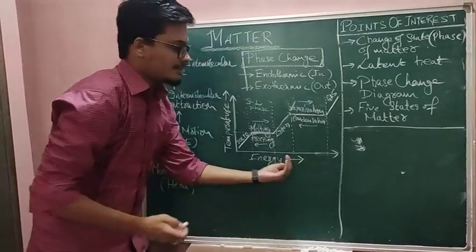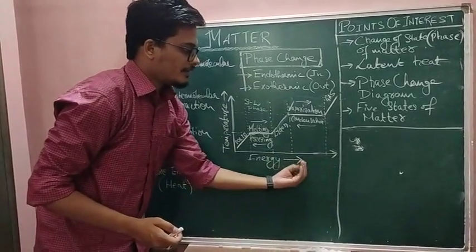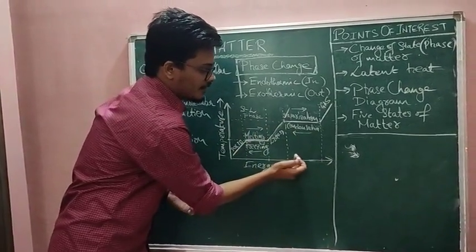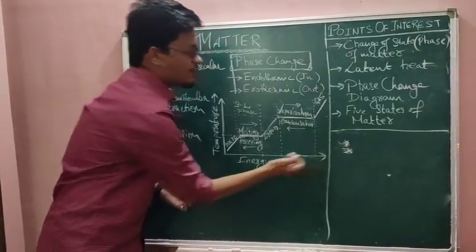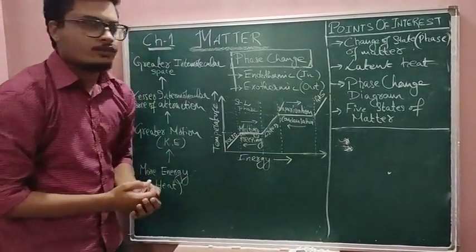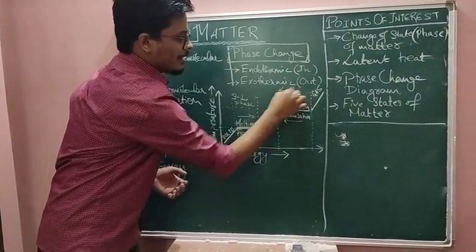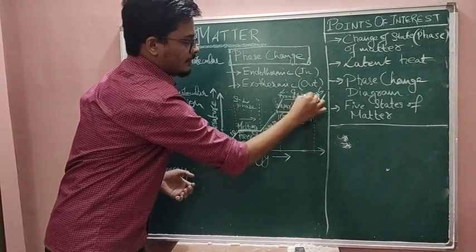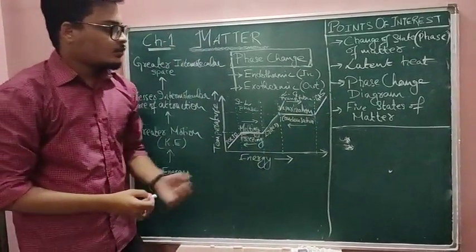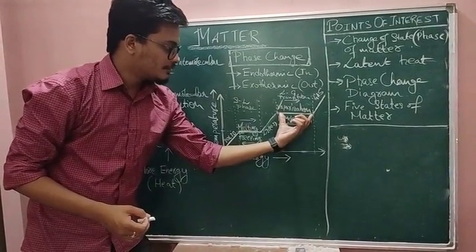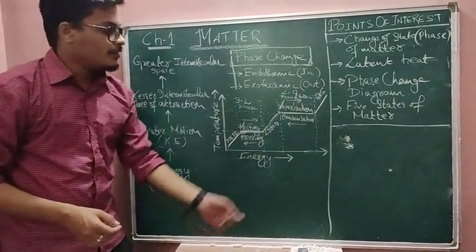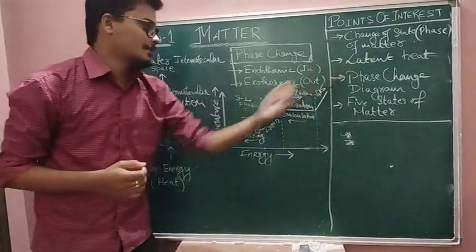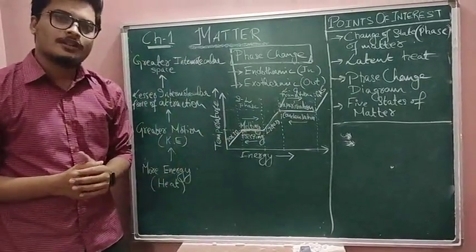This phase is known as the liquid-gas transition phase. So this part is called latent heat. The heat which you are supplying at this moment can be called latent heat.